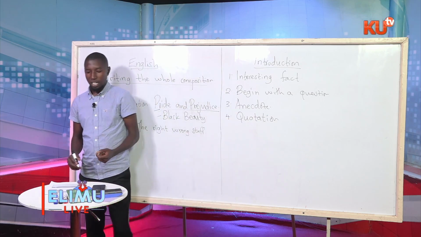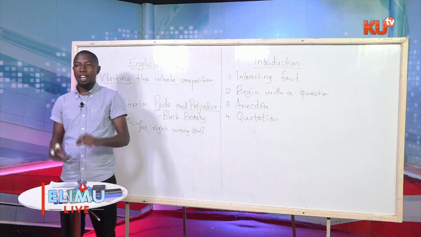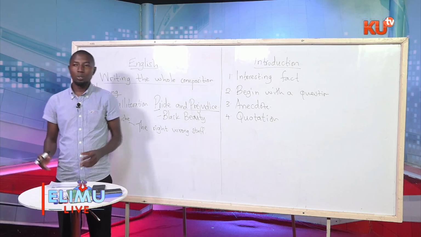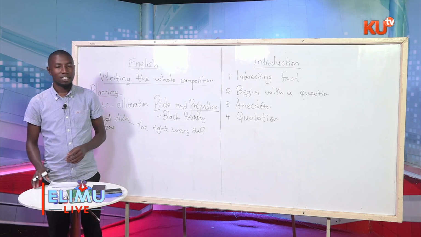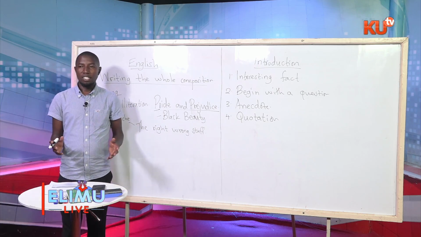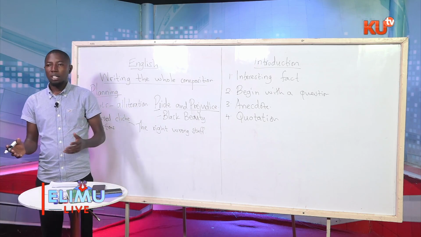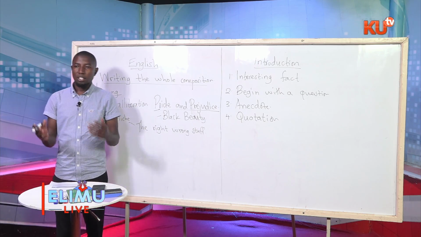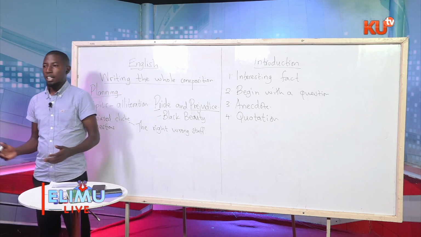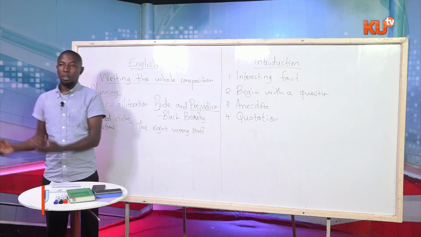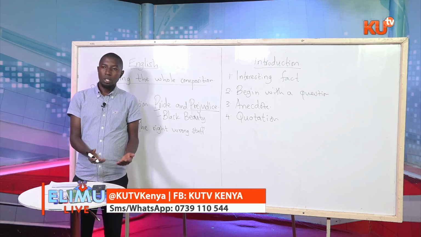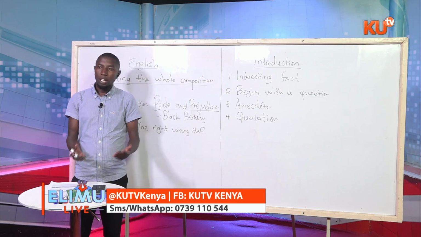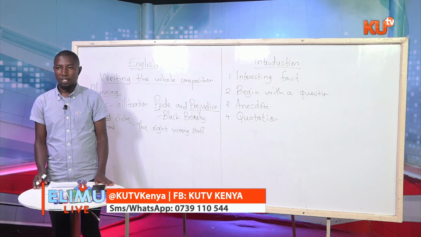And then a student starts by saying, according to Oxford Dictionary, environment is defined as... Don't do that. You are now not being original. You are just copying or lifting words from Oxford Dictionary into your essay, while you are supposed to be original in your essay.